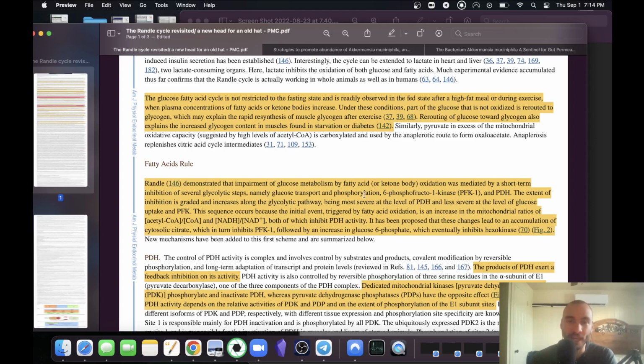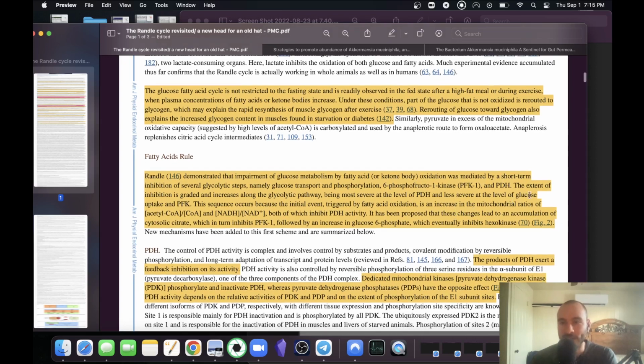Phosphofructokinase and the glucose transport and phosphorylation, both of those are secondary to PDH. PDH is really the main one. So what they say is the extent of inhibition is graded and increases along the glycolytic pathway, being most severe at the level of PDH and less severe at the level of glucose uptake and phosphofructokinase.